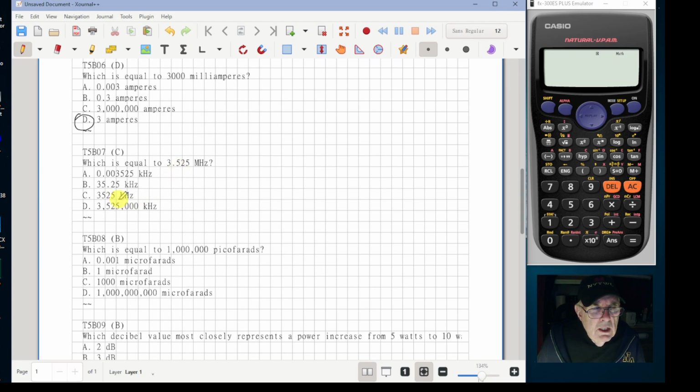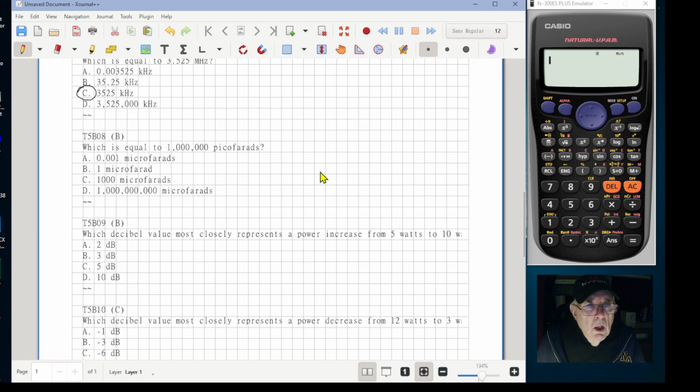So yeah, C, it's going to be 3,525 times 1,000. That gets us into millions. So C is our answer here. You need to get really comfortable in converting between megahertz and kilohertz and where the decimal point goes. That's the secret to doing these. There's not much complicated in terms of calculations.